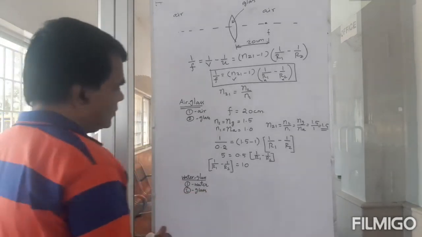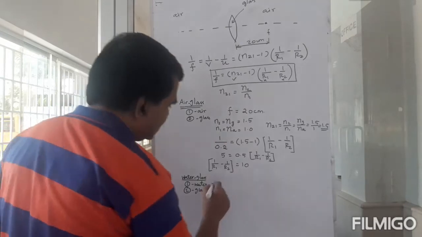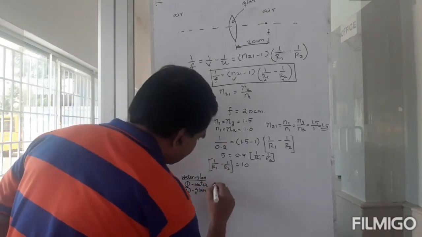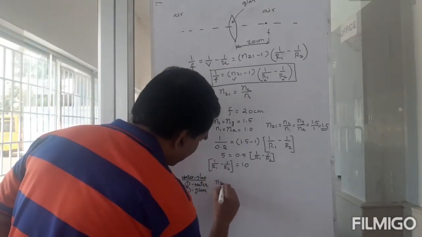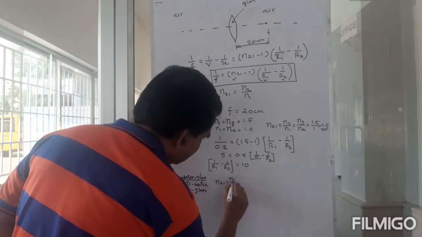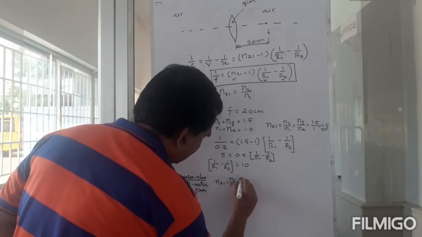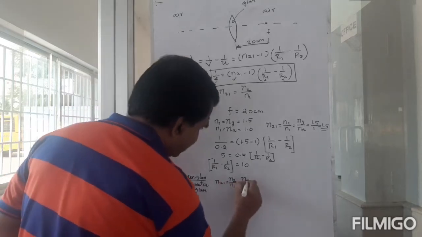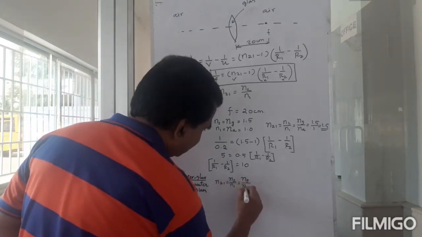So they want to define F here. What is N21? N21 is equal to N2 by N1. What is N2 here? N2 is glass, and N1 is water.